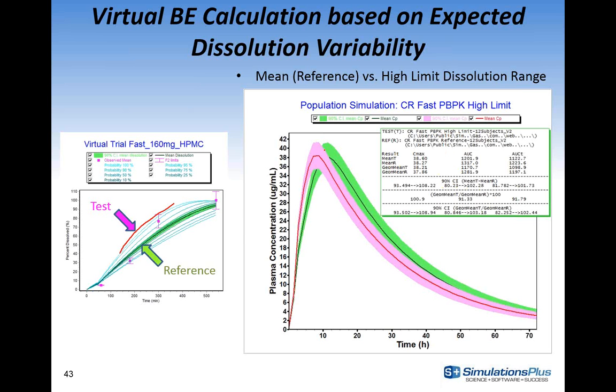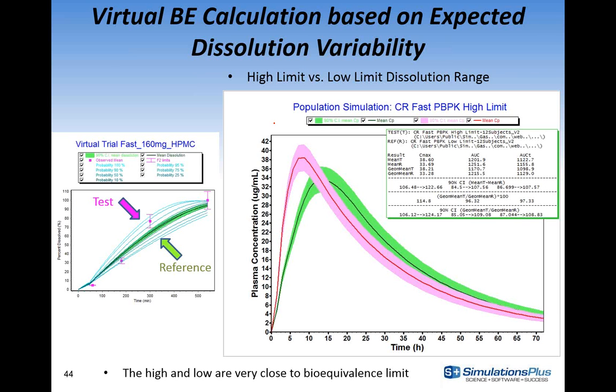The Cmaxs are also fairly similar, a little bit higher as you'd expect for the higher dissolution rate, but well within bioequivalence. So there's really not an issue on the high end of the dissolution limit range in this case, other than the Tmax is quite different.